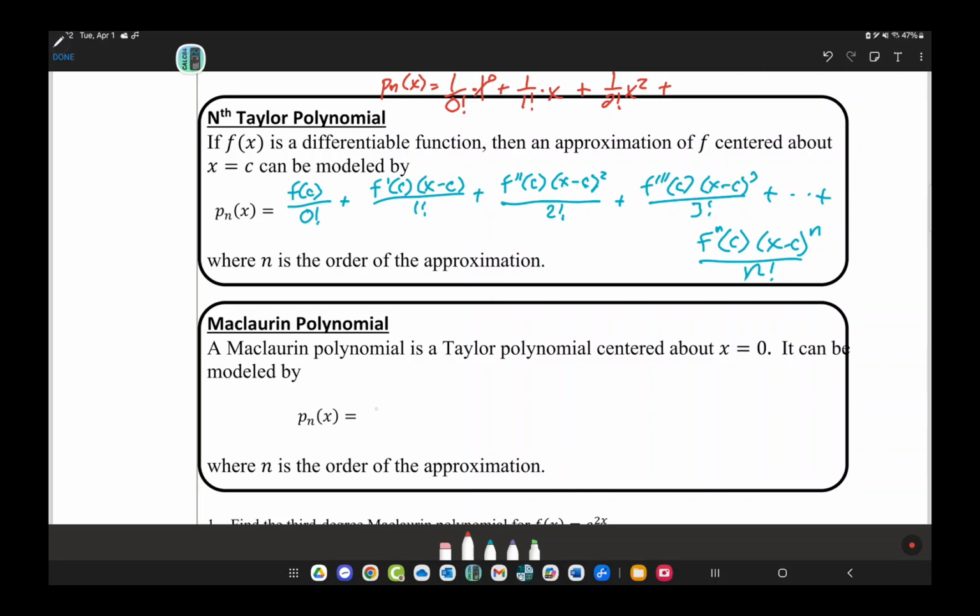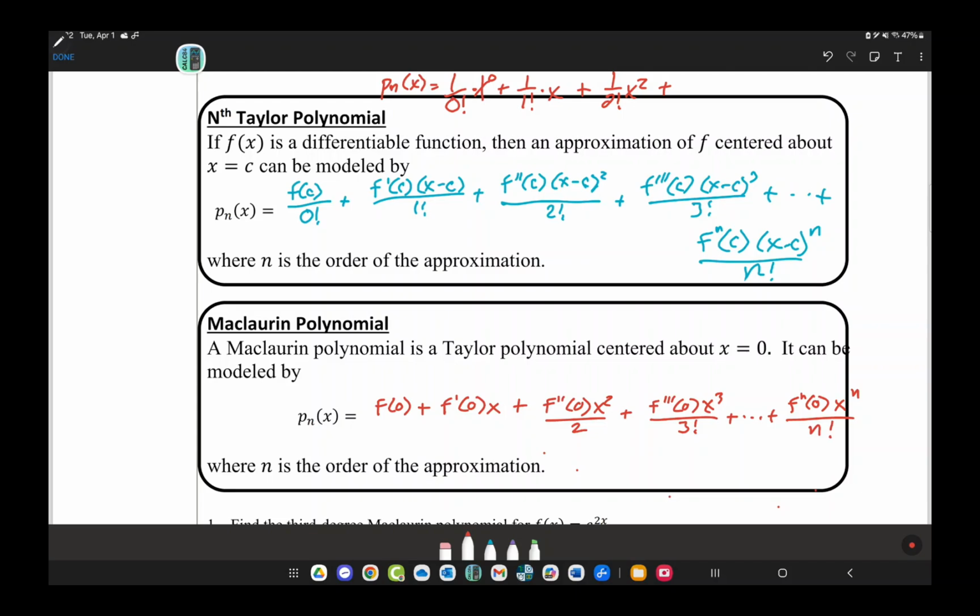No. So it's f of 0, and again, you don't have to put over 0 factorial, plus f prime of 0 times x plus f double prime of 0 times x squared over 2 plus f triple prime of 0 times x cubed over 3 factorial plus f to the n of 0 x to the n over n factorial.